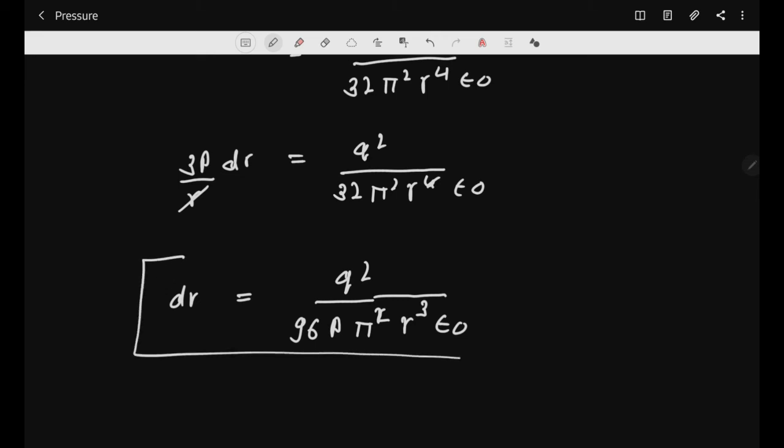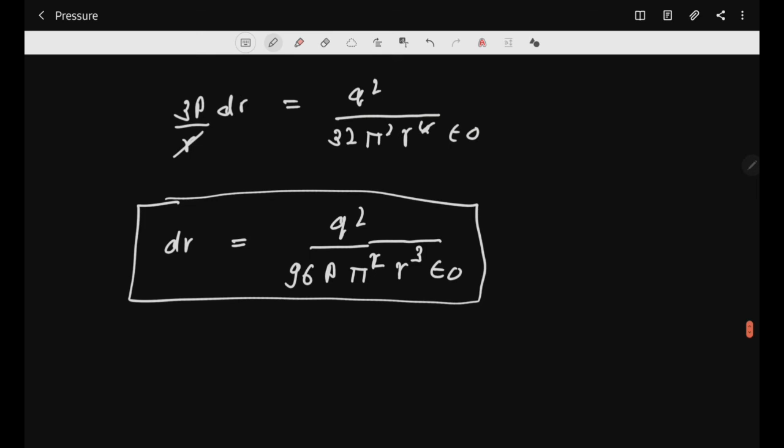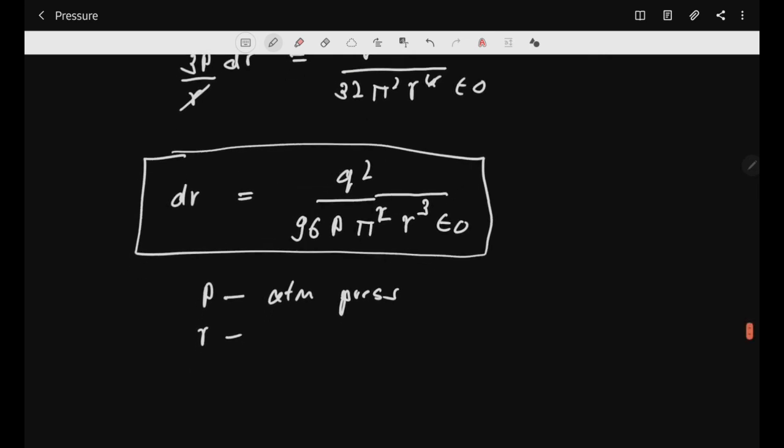So this will be the equation for the differential radius or the change in the radius, where P in the denominator is the atmospheric pressure, and R in the denominator is the radius of the soap bubble. This is the initial radius before giving the charge, and Q is the charge that we give to that soap bubble.